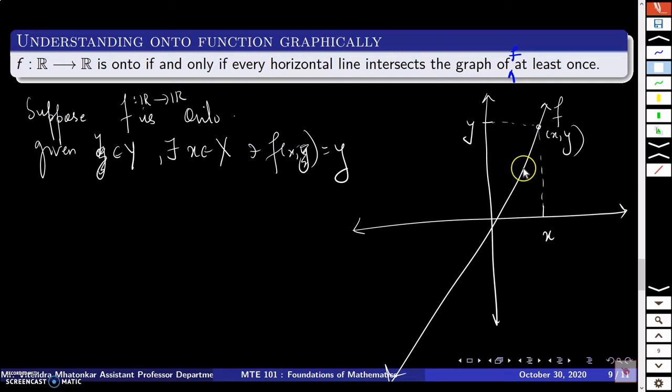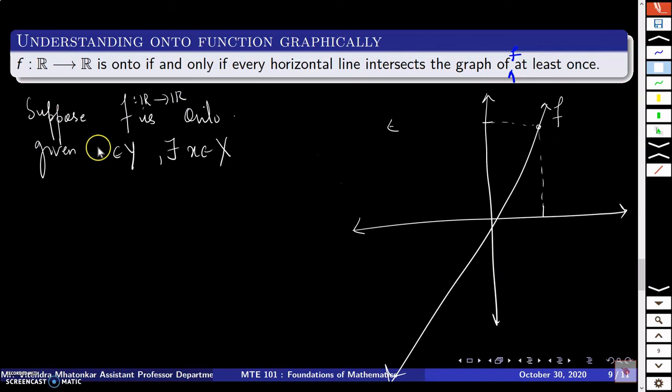Right? And if you can do this, then I can pick up the line y equal to, oh, let me just change the notations. I think that will create a confusion. Let me pick up alpha and beta here instead of x and y. There exists beta in X such that f of beta is equal to alpha.